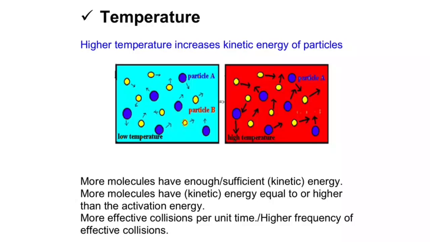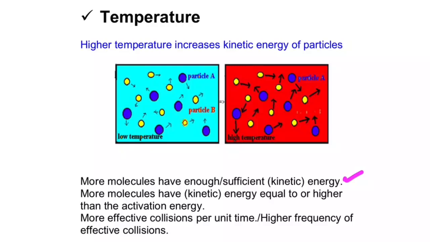So let's take a look. Higher temperature increases kinetic energy of particles. Makes sense because we define temperature as the average kinetic energy of the particles, right? So let's take a look at what the collision theory says. Therefore, more molecules have sufficient kinetic energy when the temperature is increased.